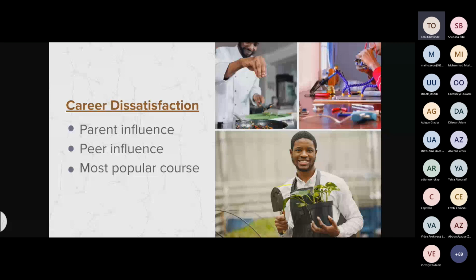You really feel disconnected from the career, even though you are already working at it, and you feel you are not optimal in that professional space.